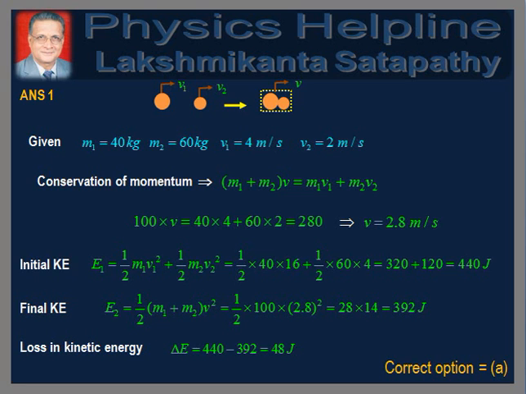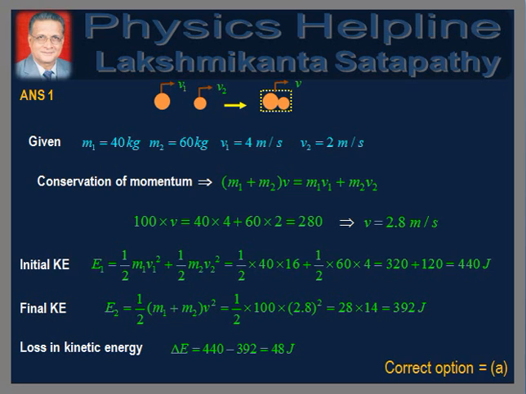And the final kinetic energy of the system is equal to half into (m1 plus m2) into v square, which is equal to half into 100 into 2.8 whole square, which is equal to 392 joules.